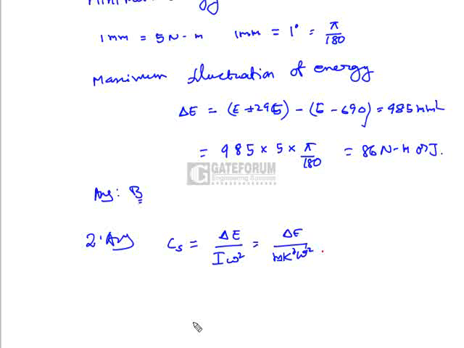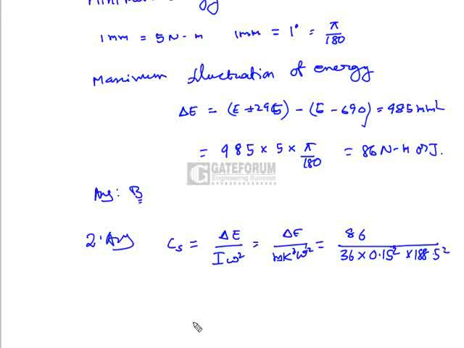So the final value of the coefficient of fluctuation of speed is 86 by, where the mass of the rotating parts is 36, the radius of gyration is 0.15, and the speed is 188.5 square.